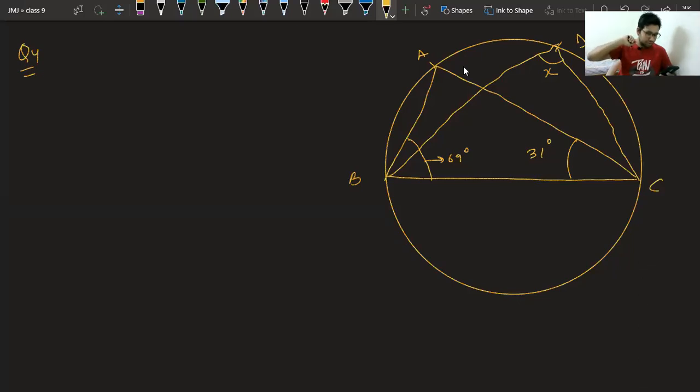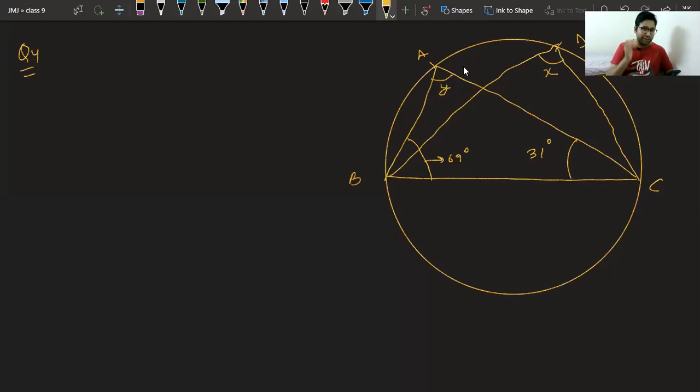Okay, class? We cannot find it directly, but if somehow we can find this angle Y, can we find this X? If somehow we can find the Y, can we find X?